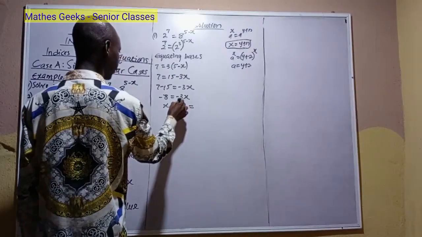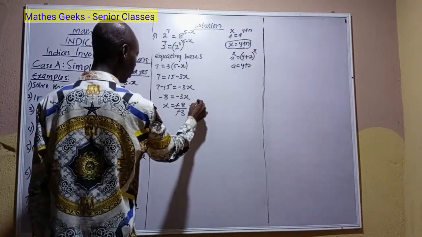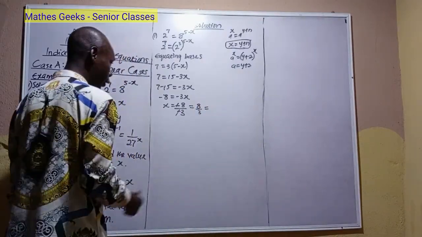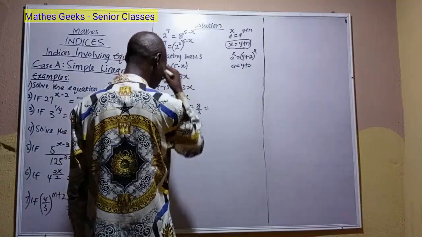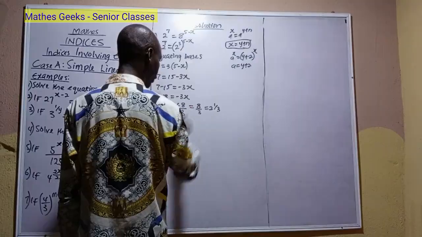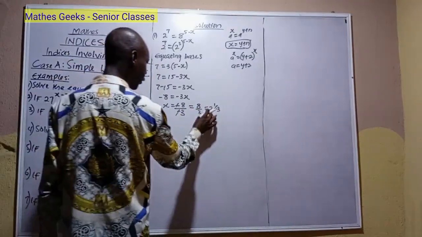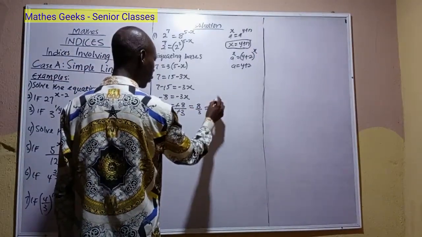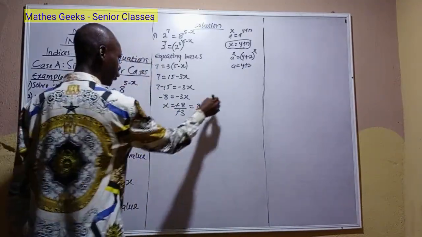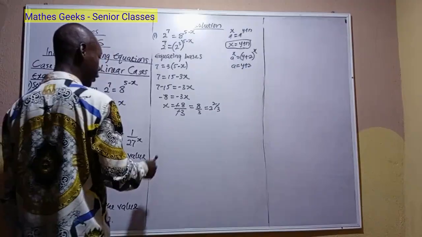Minus cancels minus, and this will give us 8 over 3 as our final answer. If we want to reduce it to the simplest form, it will form a mixed fraction: 3 times 2, 6, plus 1, 7. So 2 and 2 over 3 as the final answer.